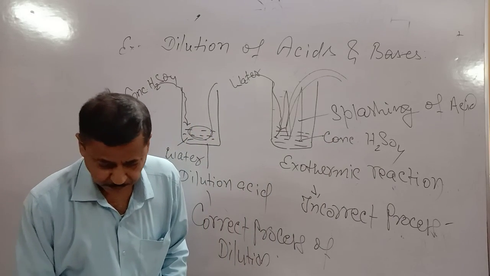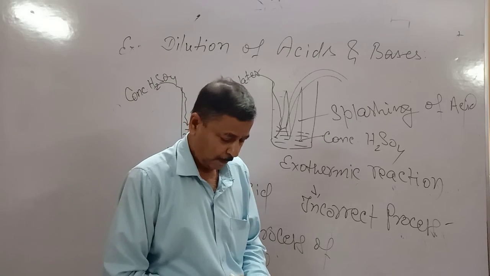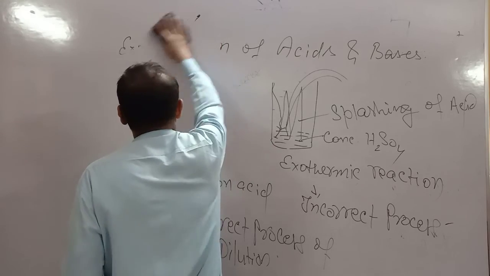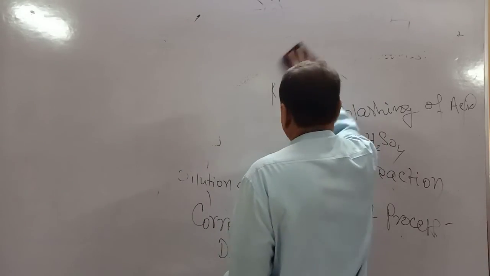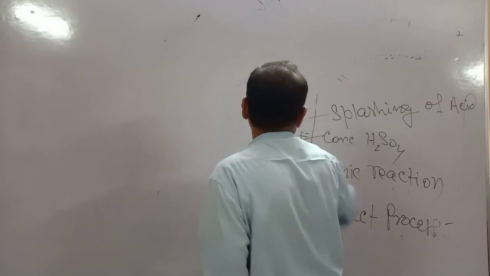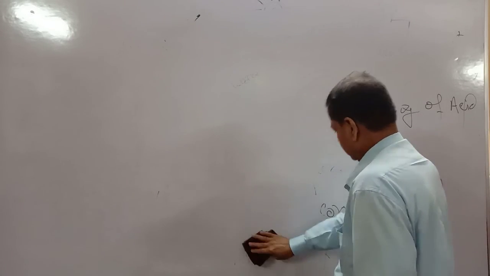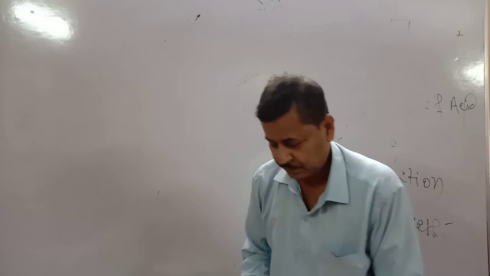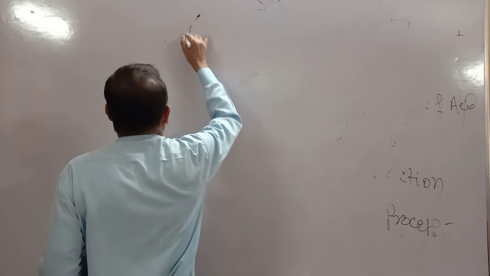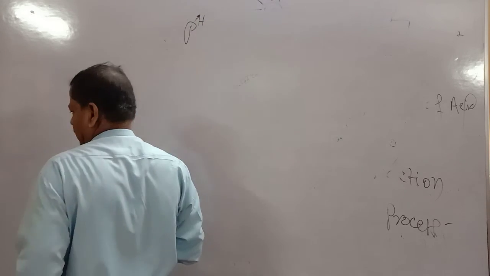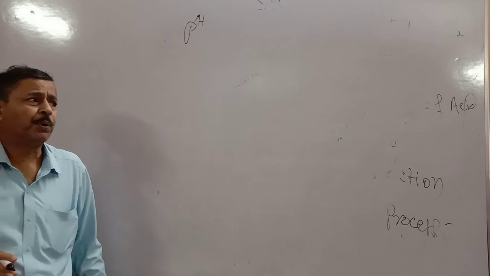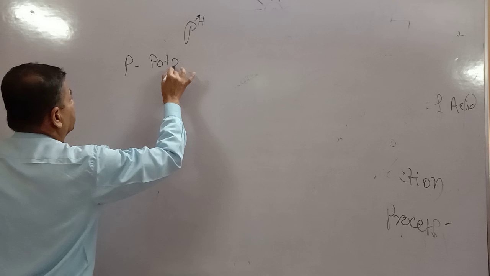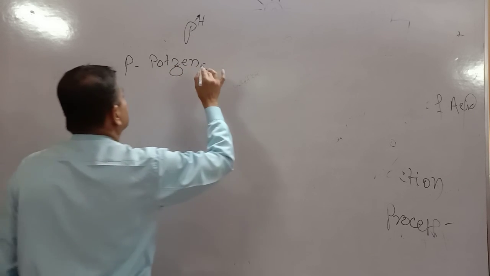Next, now we come to the pH scale. P stands for Potenz, meaning power.